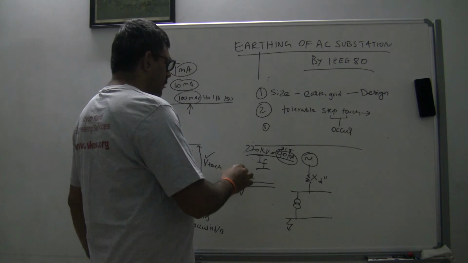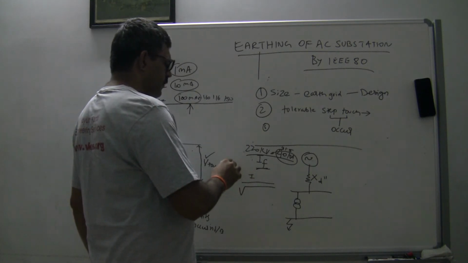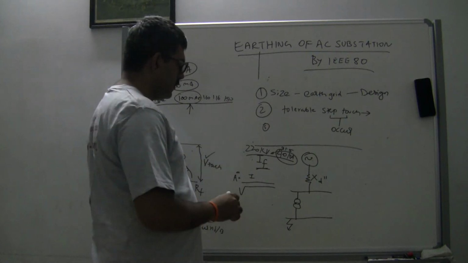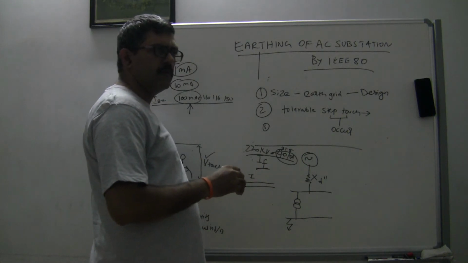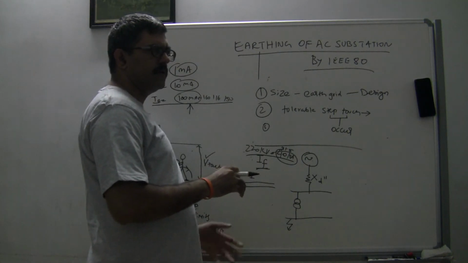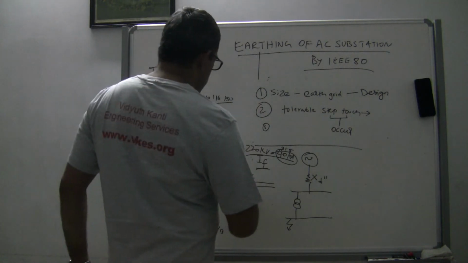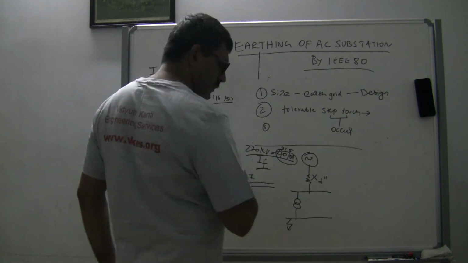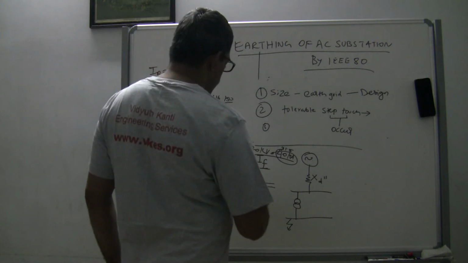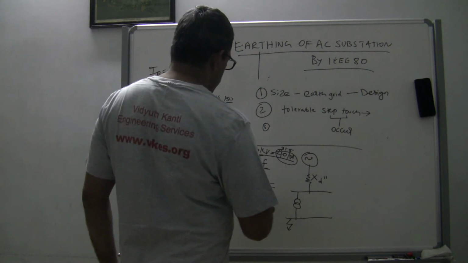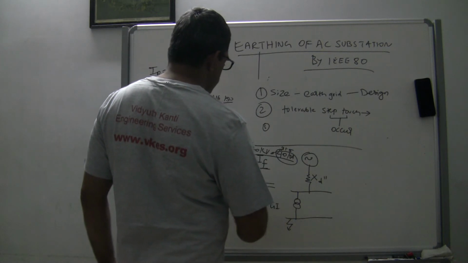Now for this cross section of a conductor, there are different constants to be used in the formula. If the conductor is copper, the constant is different. If the conductor is aluminium, it is different. If it is galvanized iron, it is different.